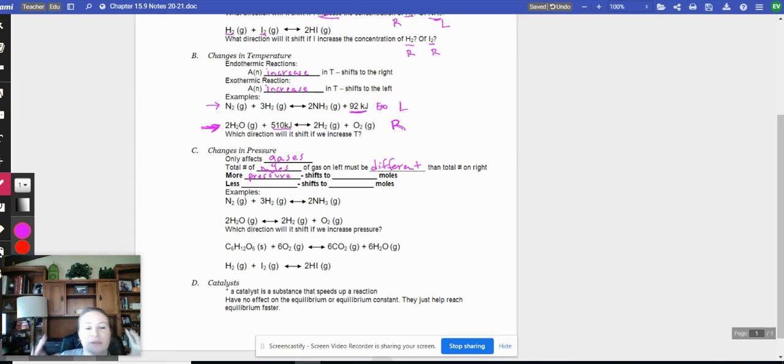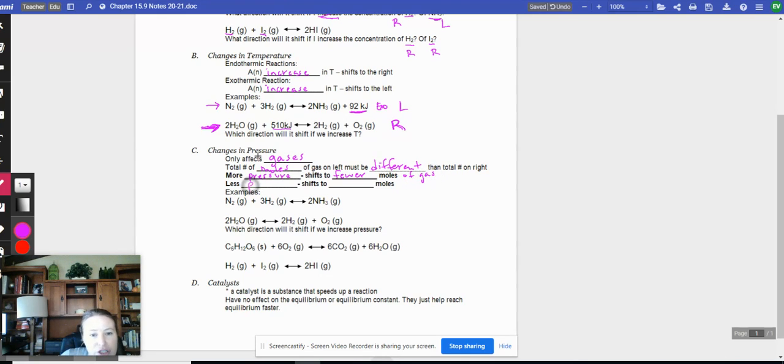If you increase the pressure on your reaction, it's going to try to relieve that pressure by taking up less space. So the little molecules inside want to take up less space. That means fewer moles. Shifts to the side with fewer moles of gas.